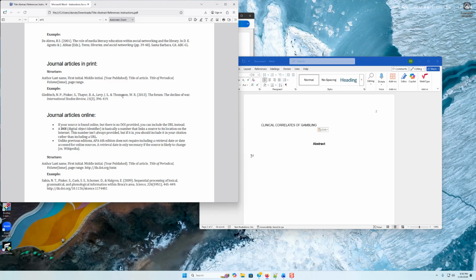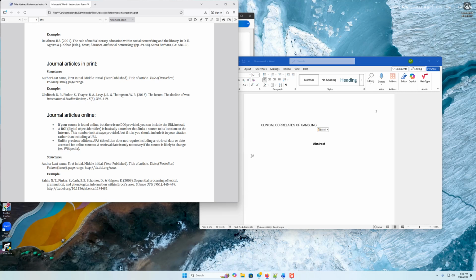Now, there's many ways to do the reference page. There are some bibliography based websites and services like RefWorks that people use to generate their reference page. There's something for free called Zotero that some people use to organize their research and generate their references.